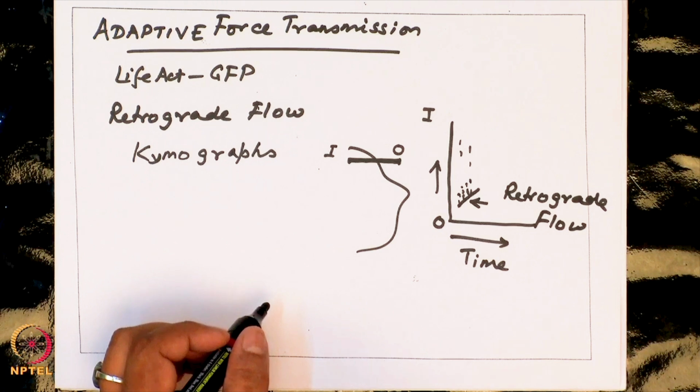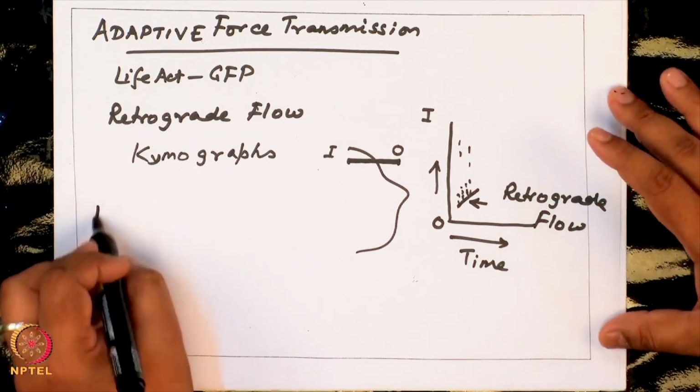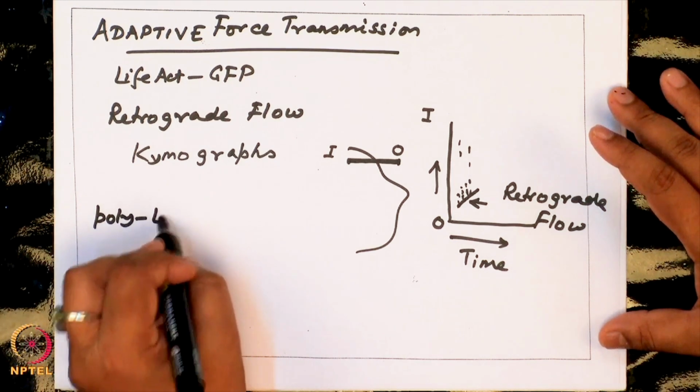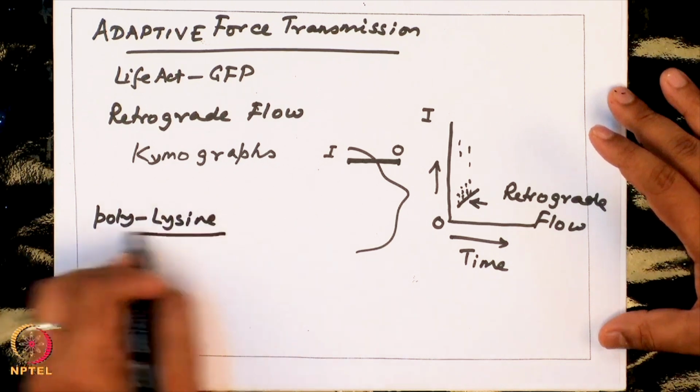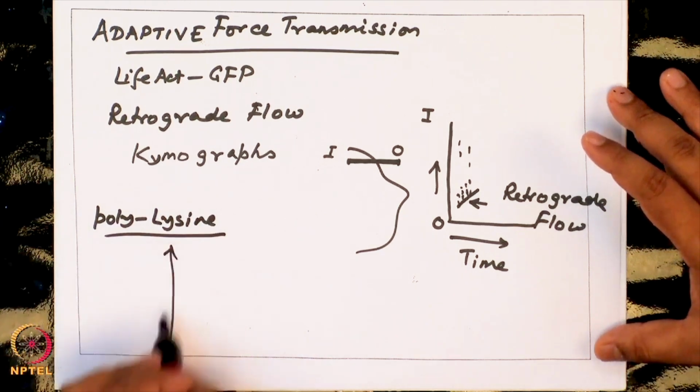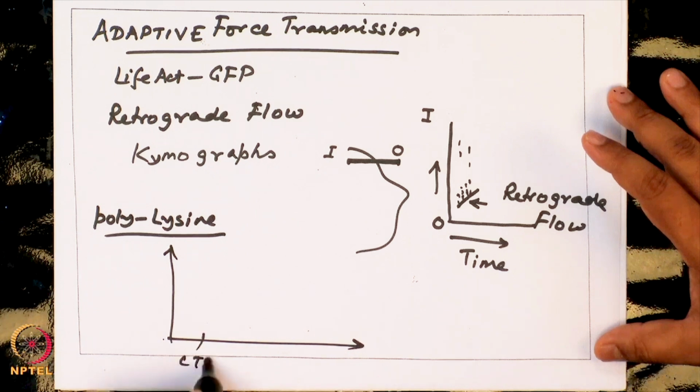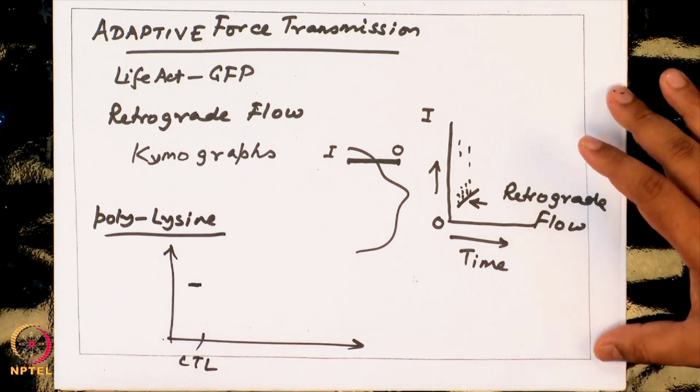When the authors did these experiments on polylysine, or adherent condition, what they observed was this. In control cells, you had a certain magnitude of retrograde flow.